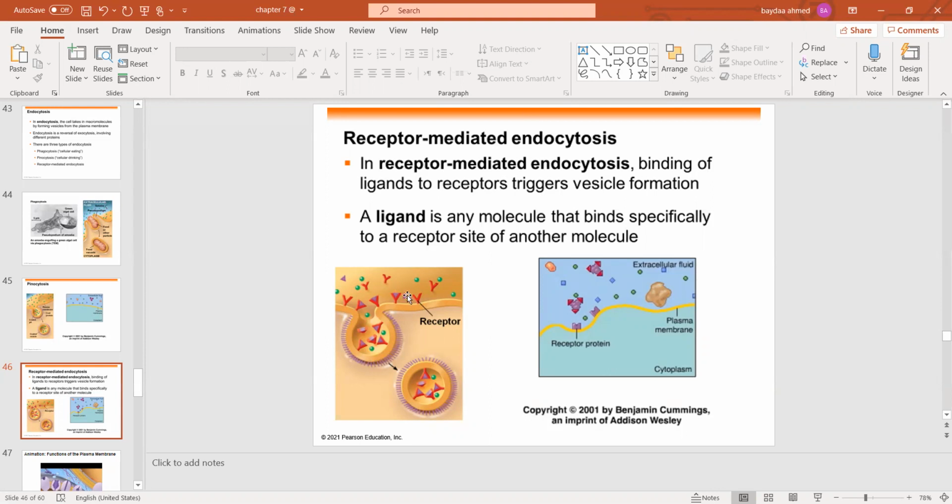Just like traps, those receptors attach to specific molecules and then fold around them.